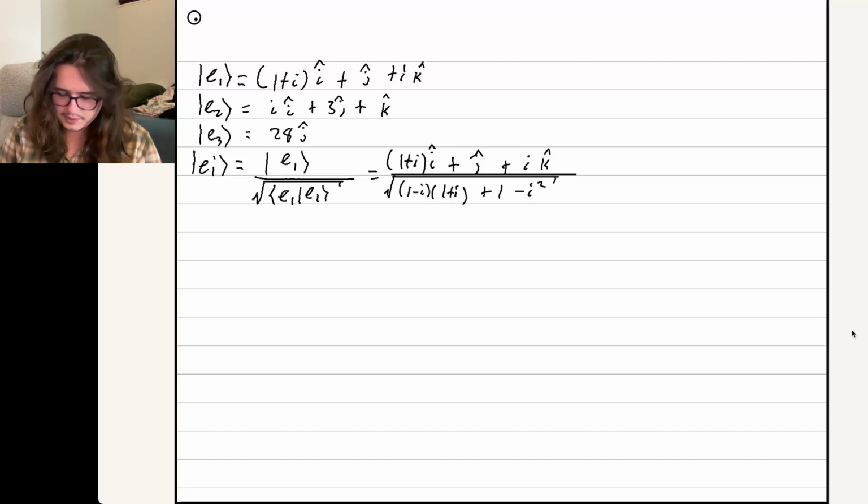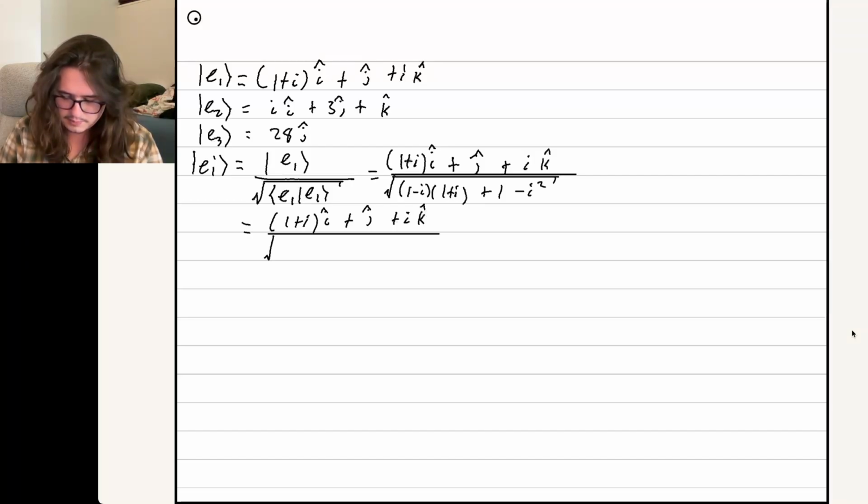And then we can expand the terms on the bottom a little bit more, because we can actually do that multiplication between 1 minus i and 1 plus i.